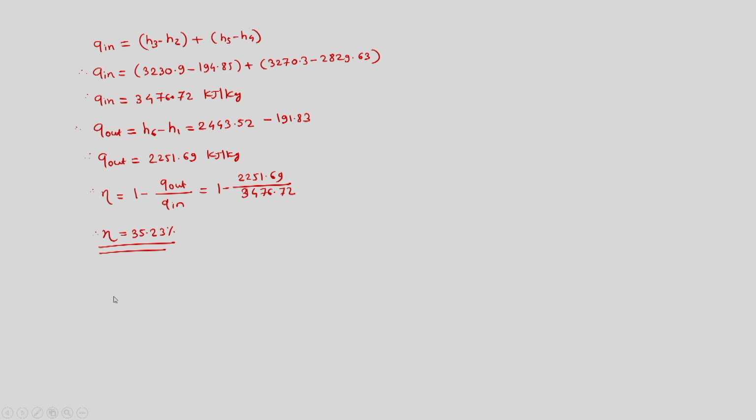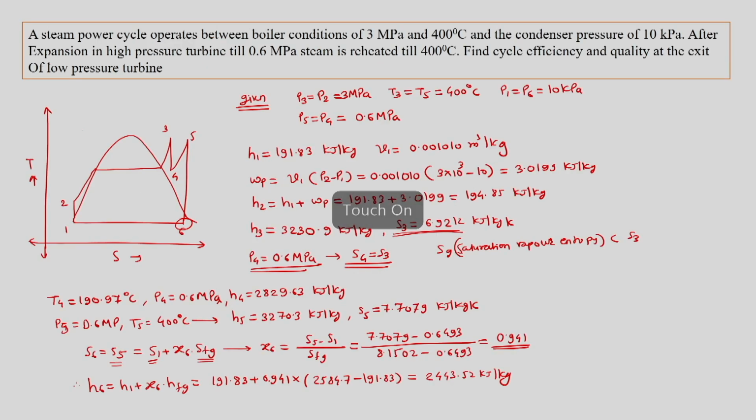So in this example we were supposed to find two things: cycle efficiency and quality at the exit. Here quality refers to the dryness fraction at the exit of the low pressure turbine, which we found.